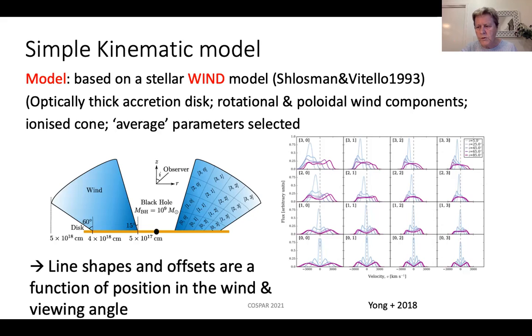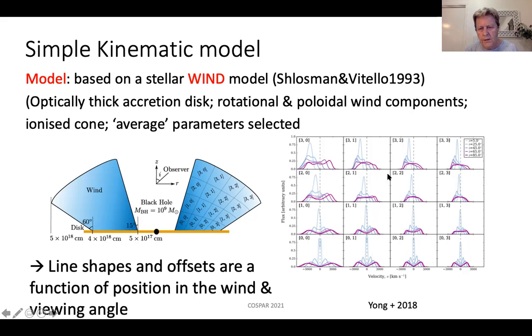What we did was look at different regions of that wind, and it's shown in this little cartoon here, and look to see what the shape of the observed emission line would be if the gas was in one of these regions.